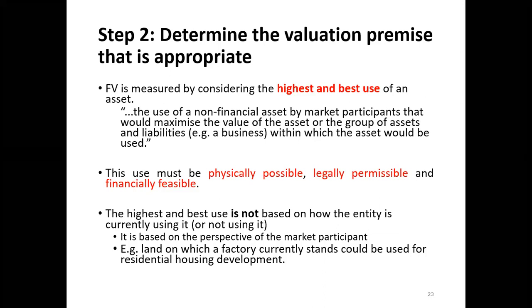But from a market point of view, this land is more suitable for residential purpose. So instead of having this factory, if you demolish it and construct a residential apartment project, you may make the best use of it.